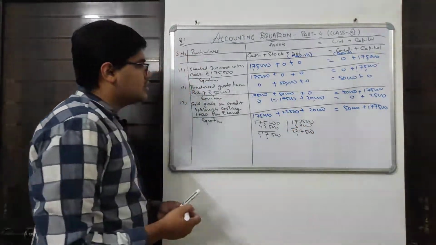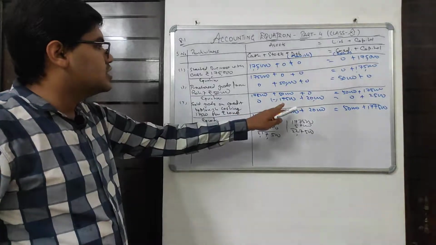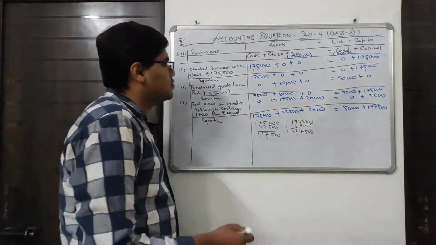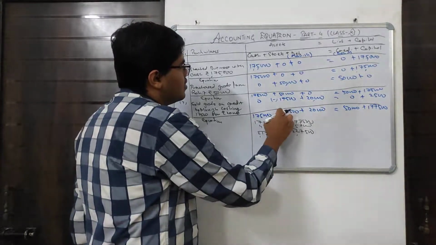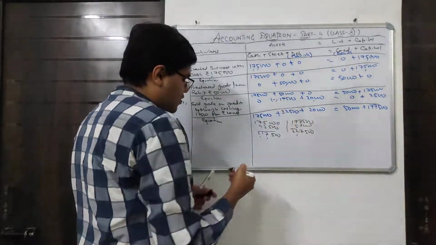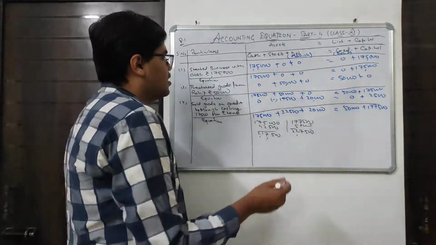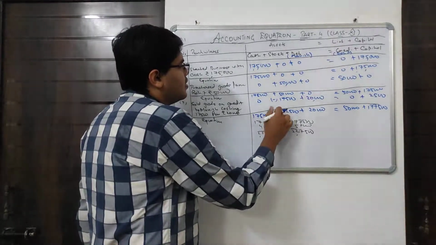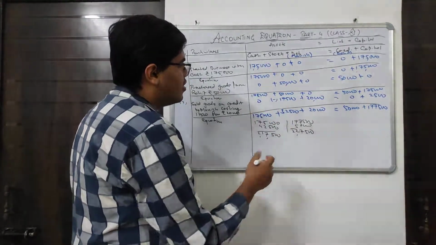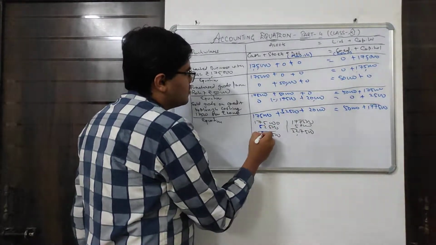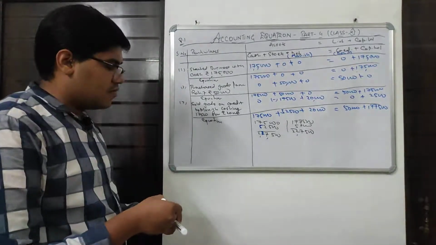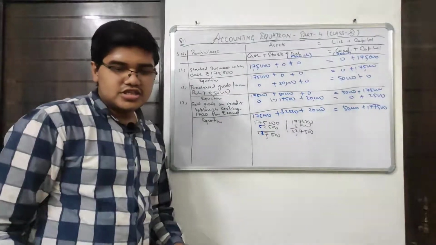Wait, let me see if there is any mistake. Sorry, it will be 32,500, not 22,500. So our equation gets balanced. Now moving on to our next transaction.